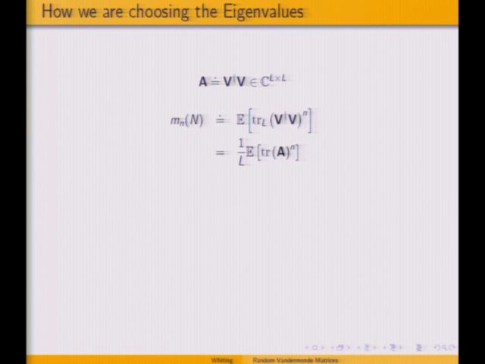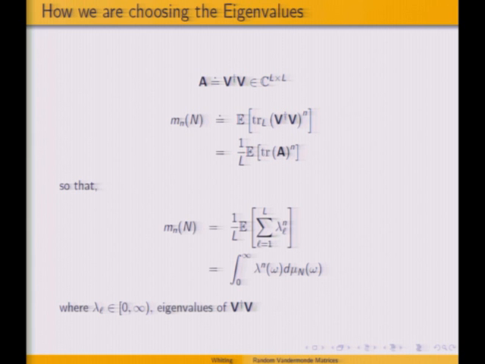So we have a link between the matrix and the moments of the eigenvalue distribution for finite n.